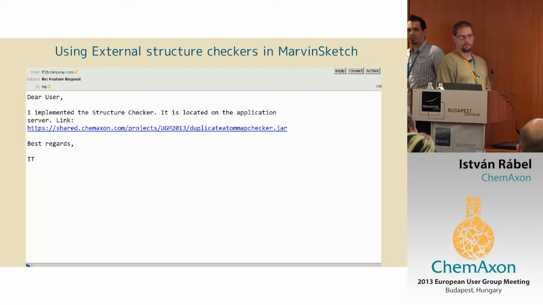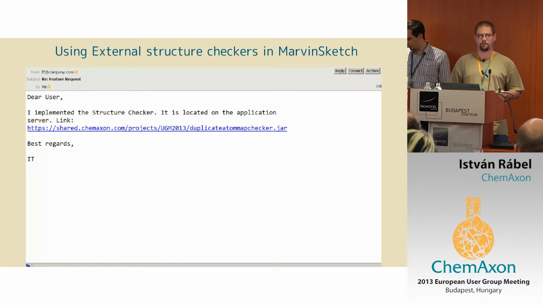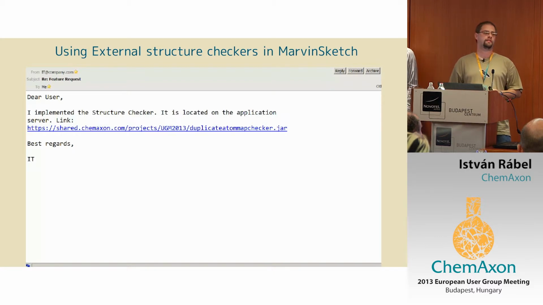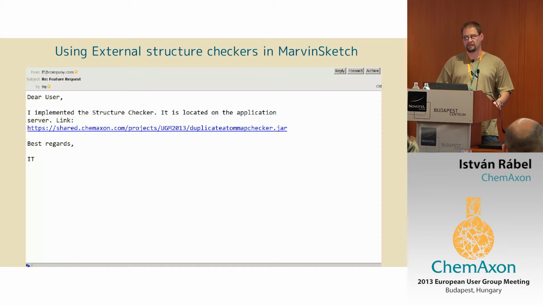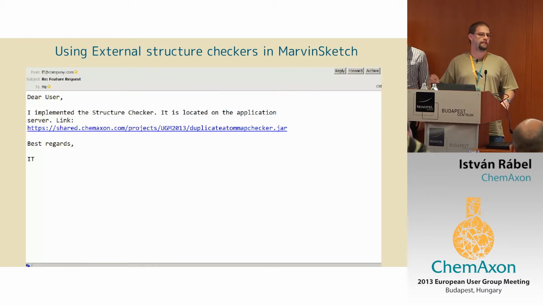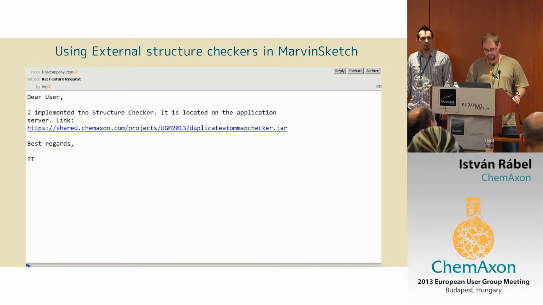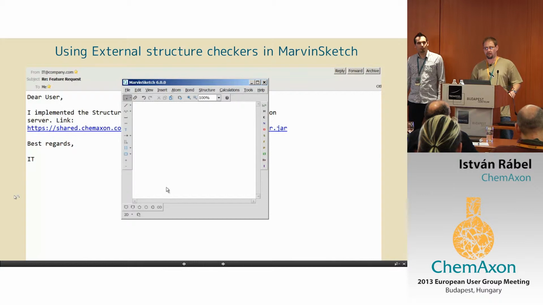Okay, so the new checker can be used to block the problems at the server side, but we don't want to send corrupted reactions through the network, so these emails are sent to the chemists at the site, at the CRO. So what can they do to prevent this problem happening again?